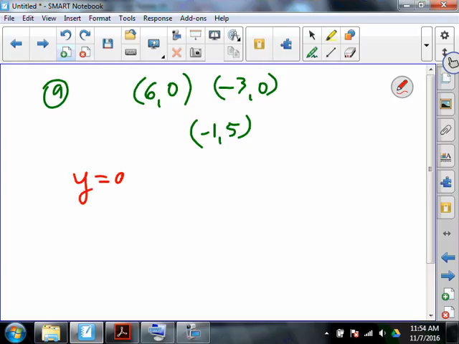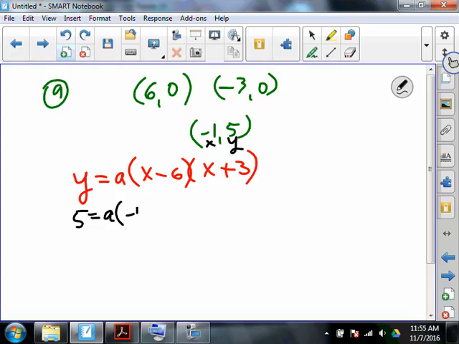You don't know what the a value is, but you do know you have x minus 6, x plus 3. And you could make some substitutions with x and y. 5 would be a times negative 1 minus 6 times negative 1 plus 3. So 5 would be negative 7 times 2, so negative 14a. So a would be negative 5/14.